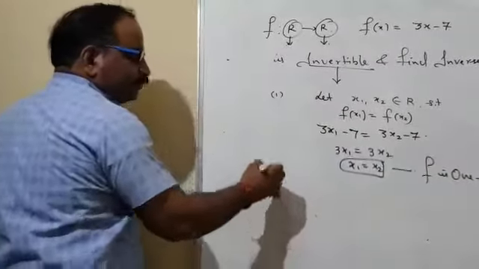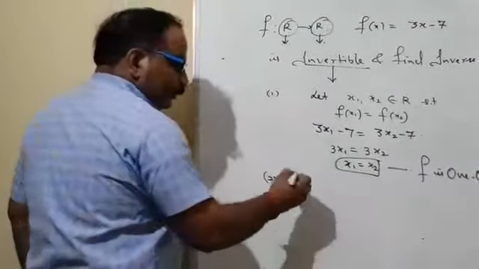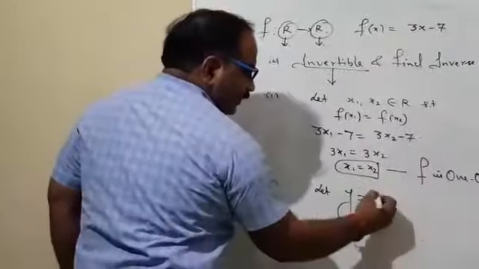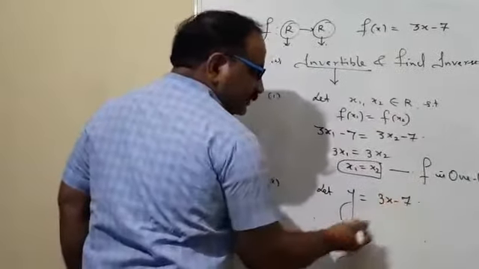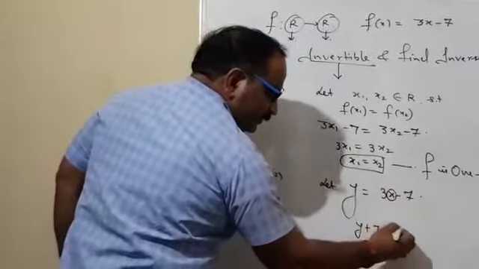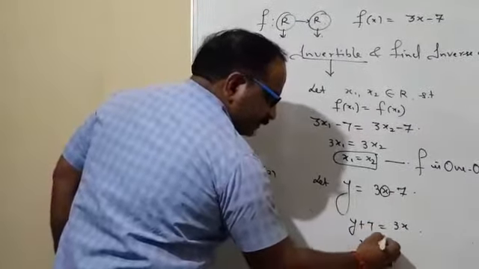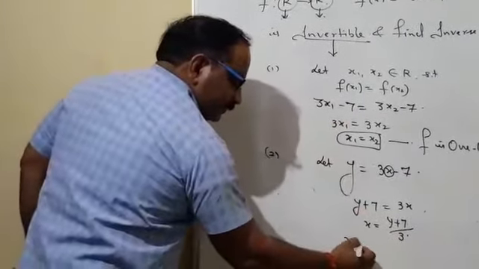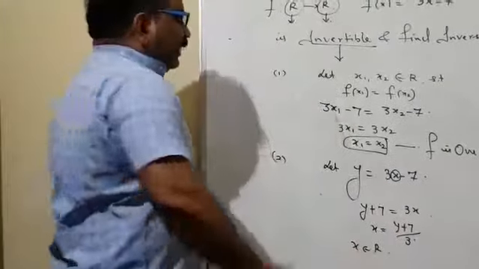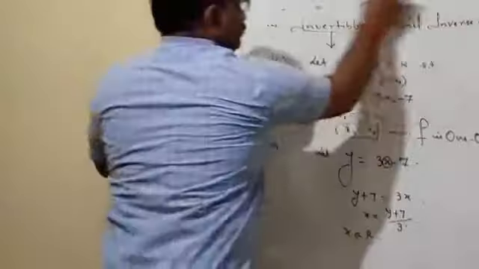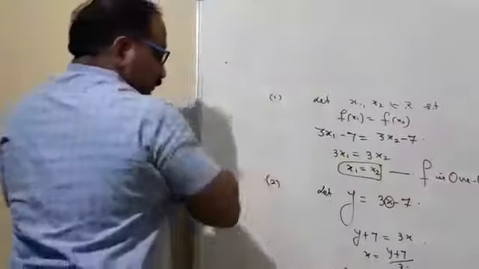Now second, I should prove it is onto. So what should I do? I should get the range of that function. For that purpose, I take y equals 3x minus 7, and I should get the value of x. That means y plus 7 is 3x, and x comes to y plus 7 by 3. This x is taken from the domain side, and the domain of the function is the real numbers. So I can put in the value of real numbers, in the case of inequality.